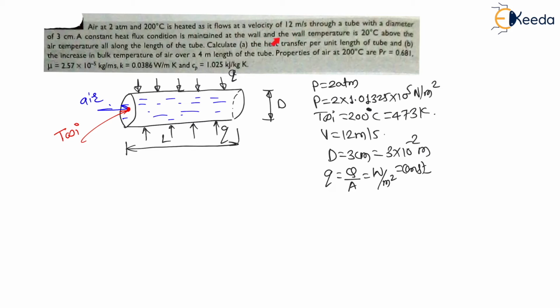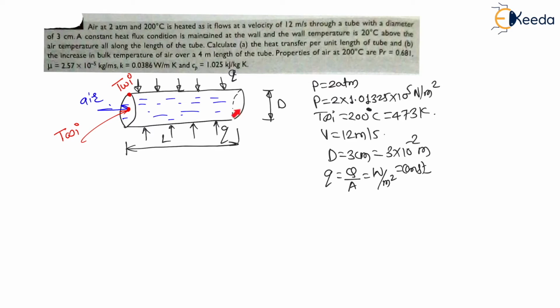Again they have mentioned that the wall temperature is 20 degrees Celsius above the air temperature all along the length of tube. At the inlet, let us say the wall temperature is T wall at inlet.